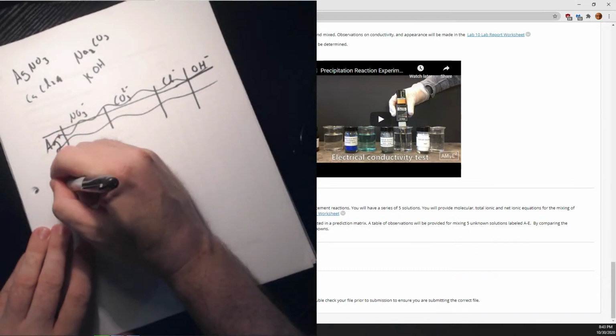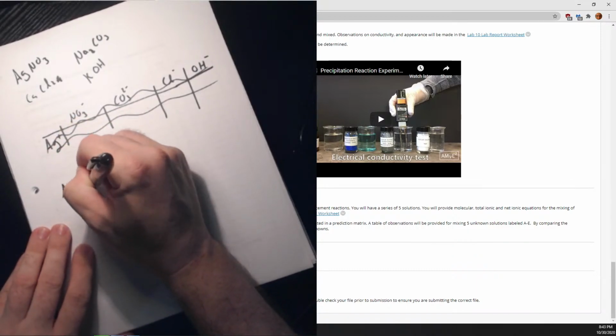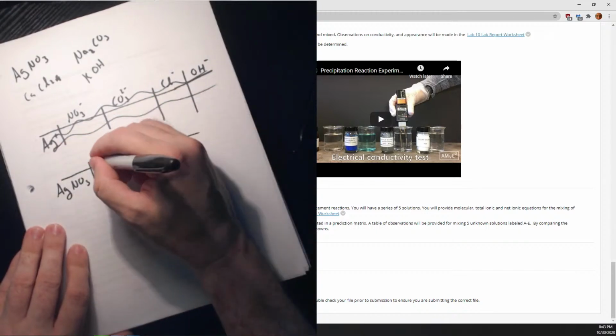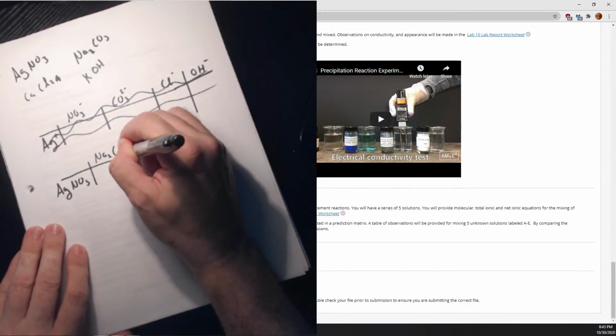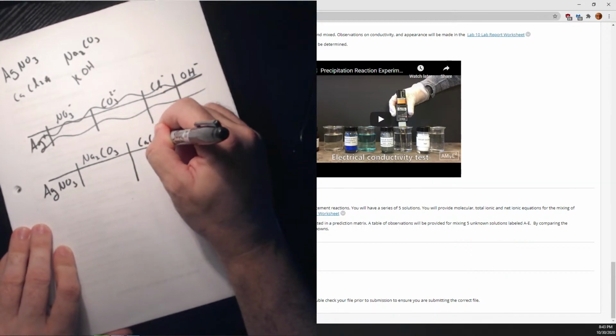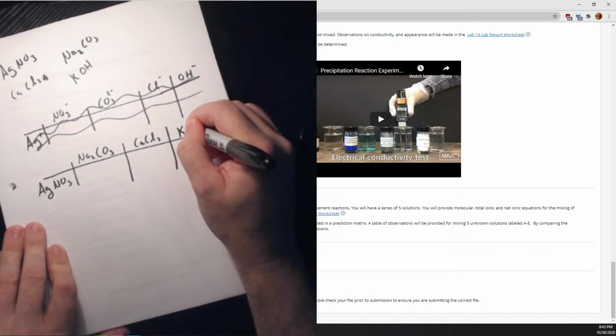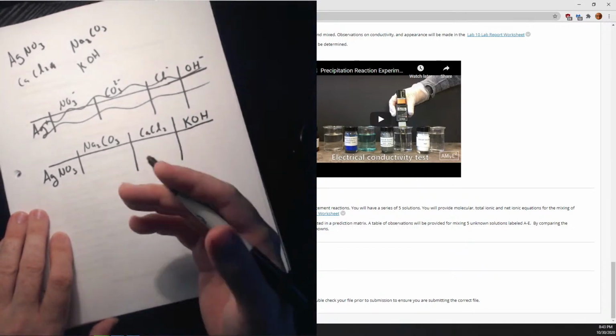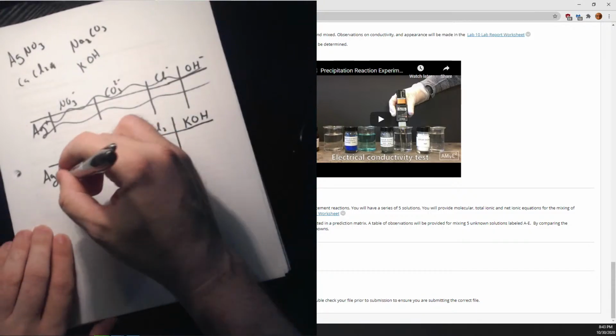Okay, so silver nitrate. What happens if you mix your silver nitrate with sodium carbonate, calcium chloride, or potassium hydroxide? What should you see? Should you see some sort of soluble or insoluble product?